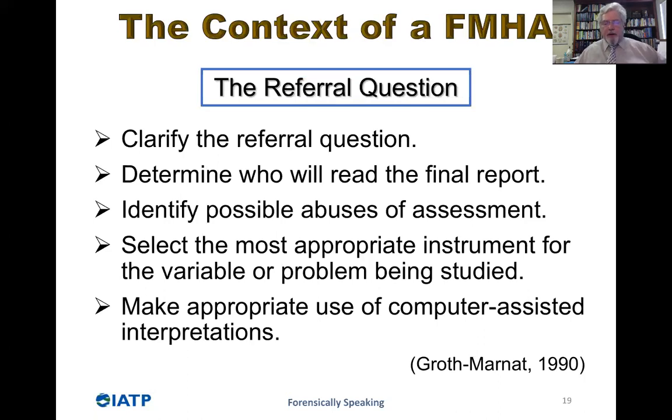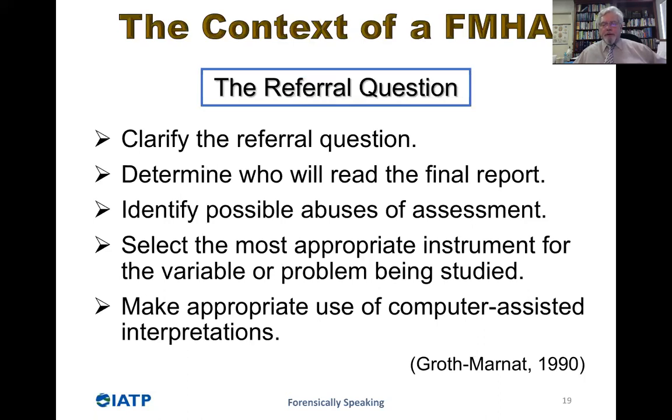Sometimes you'll need a pair of pliers. Sometimes you'll need a shovel. And sometimes you'll need a bulldozer. And so it's important to know what are the tools in your box that you're needing in order to get to that assessment completion. And then, what is the appropriate use of computer assisted interpretations?